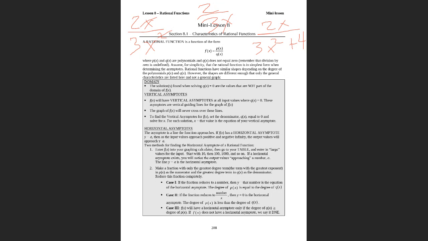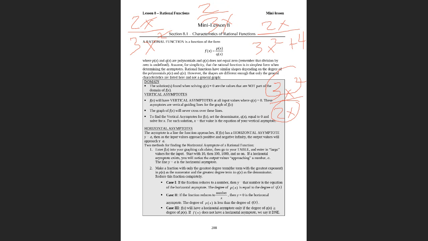But for case 3, what if we have something like 3x squared over 2x? The greatest degree term at the top is 3x squared, and at the bottom is 2x. At the top we have a square, at the bottom we have only x.